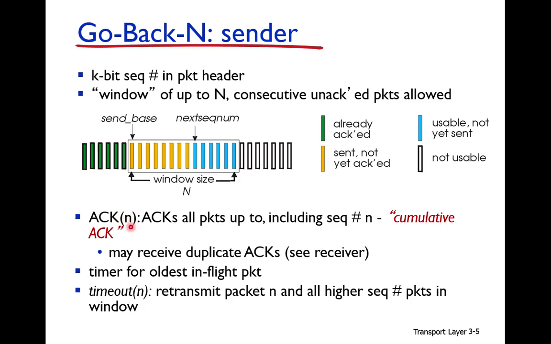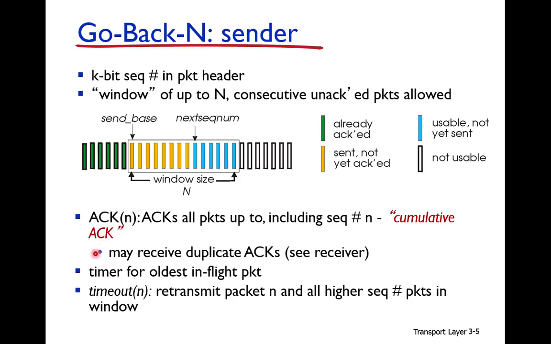If the sender receives acknowledgement number n, then, as in Go-Back-N we are using cumulative acknowledgement, all packets up to and including n are received correctly by the receiver. For example, if the sender receives acknowledgement number 5, it means that the packets up to sequence number 5 are received correctly by the receiver.